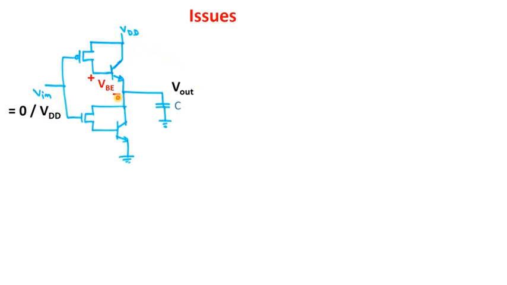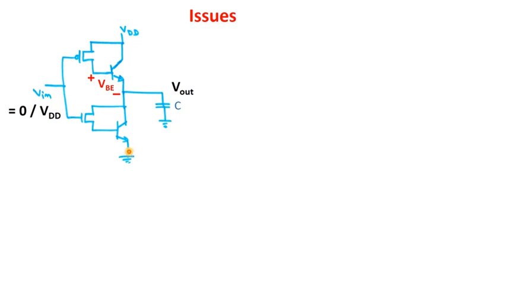Using the same token, we can also say that when V input is equal to VDD or high, the minimum voltage of V out can only reach V of BE, because here also you can think in this way: when this is VDD, this block is off, this block is on, so this capacitor, which is initially charged, starts discharging through this MOS as well as this BJT, right?